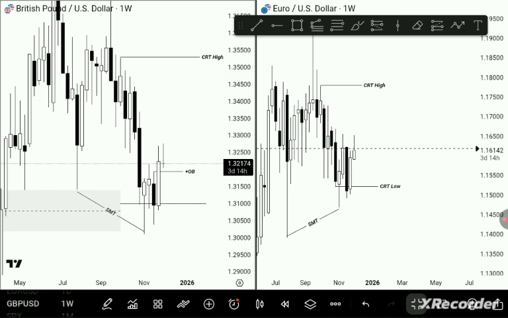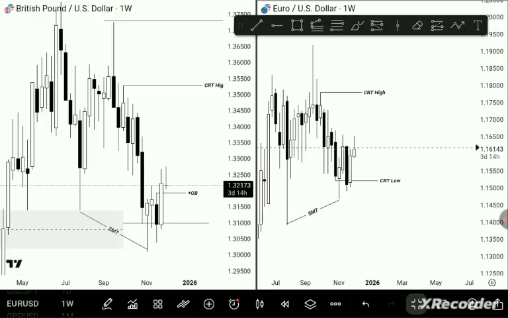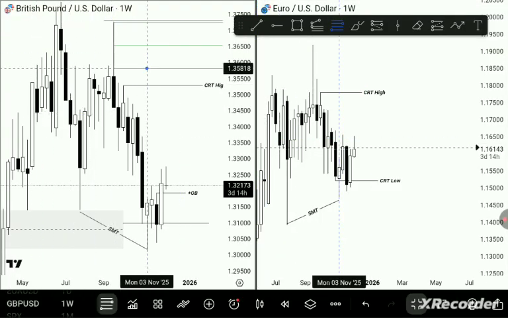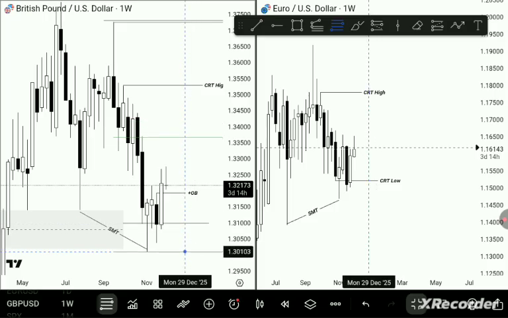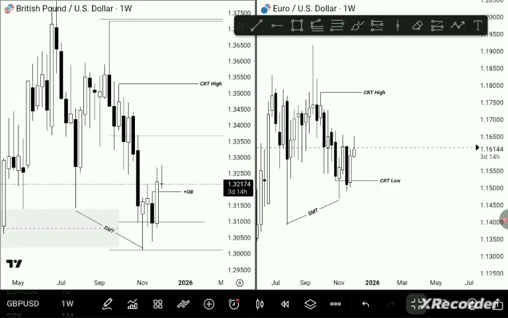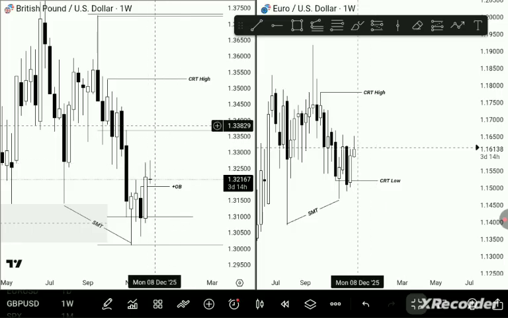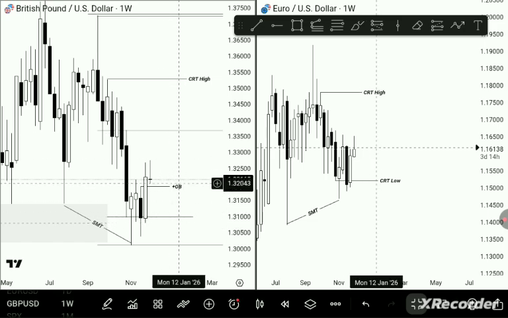And also another thing that suggests bullish prices is this dealing range, right? With this dealing range, and if price is bearish, you would usually expect price to reach at least the mean threshold of the dealing range before lower prices can be created.